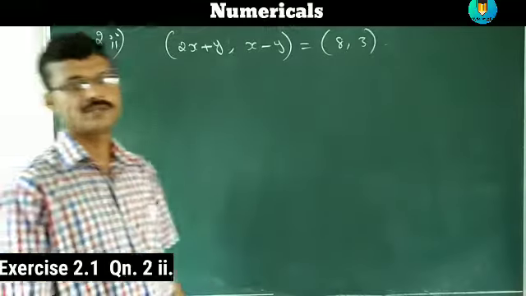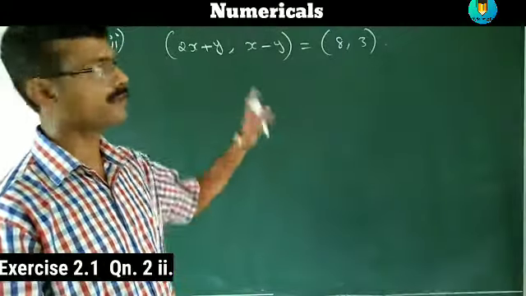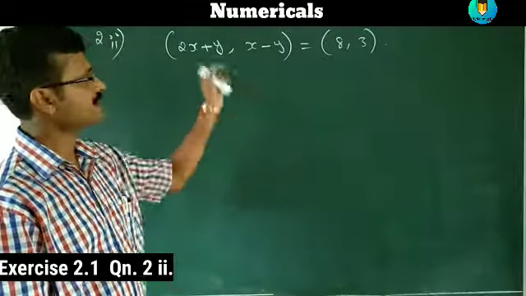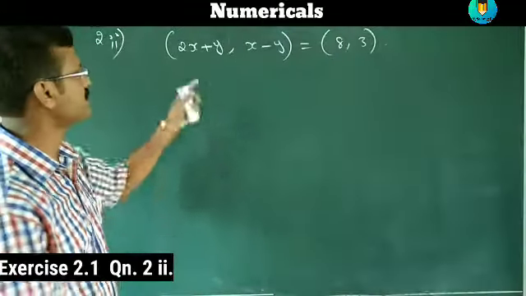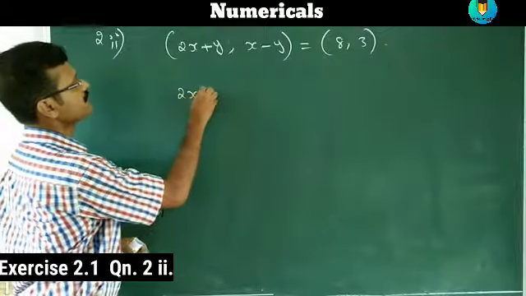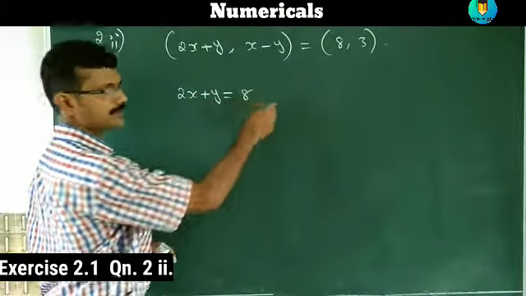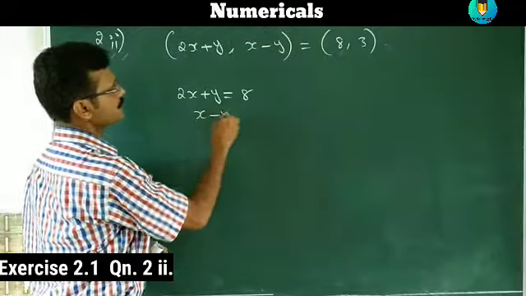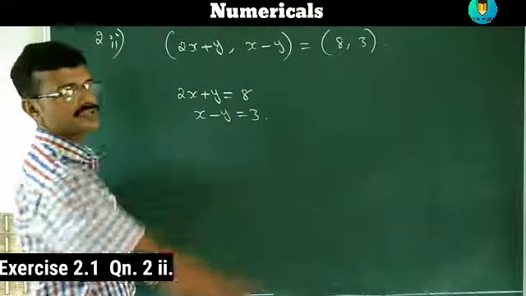Here, which property is applicable? Ordered pairs. If two ordered pairs are equal, you know that their corresponding elements are equal. That means 2x + y is equal to 8, the first components are equal, and x - y is equal to 3.